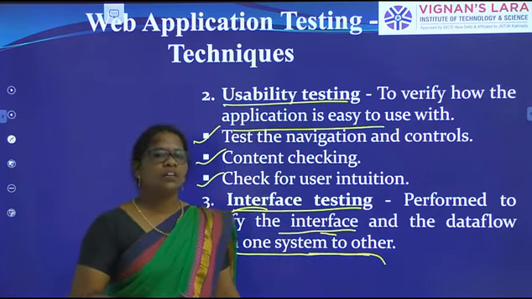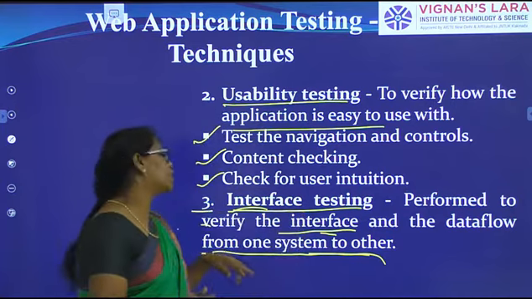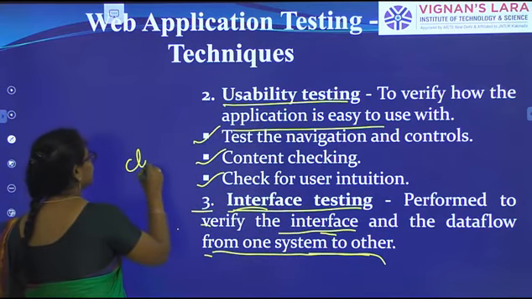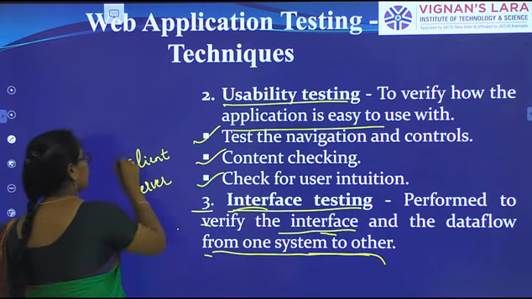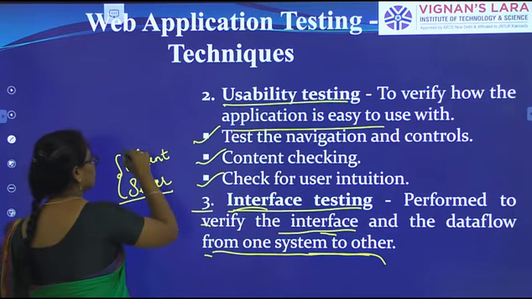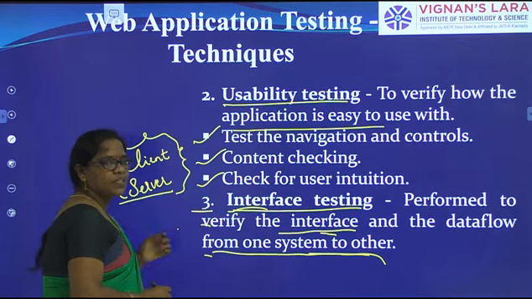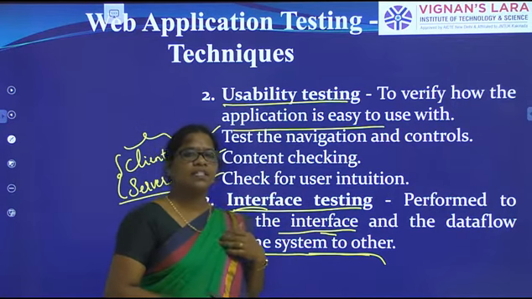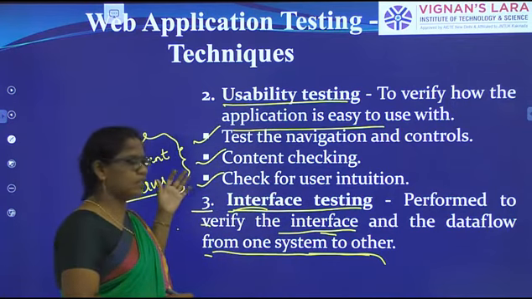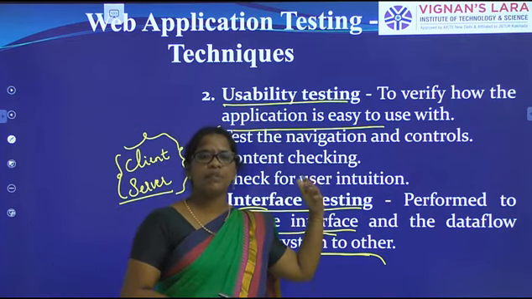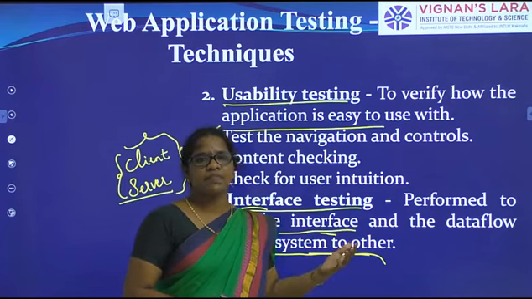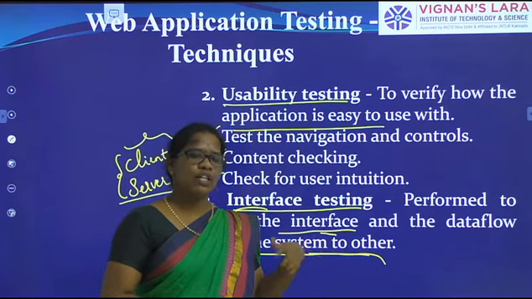For example, web applications have two systems. One is the client and the next one is the server. Client means we are the clients. Server means the developer who is the owner of that site. The server may be out of the country or within the country, wherever it is, whether it is a cloud or Azure, whatever it is.